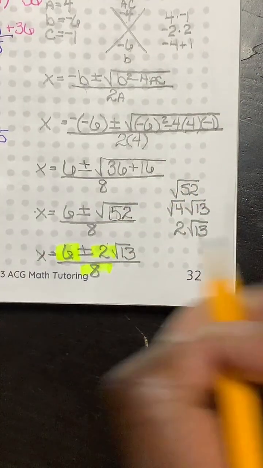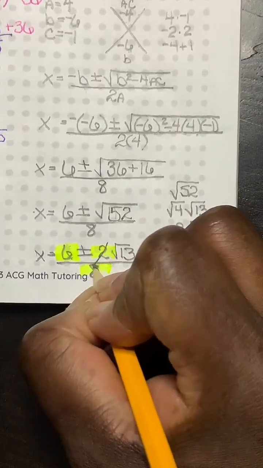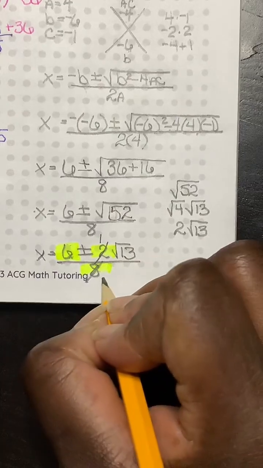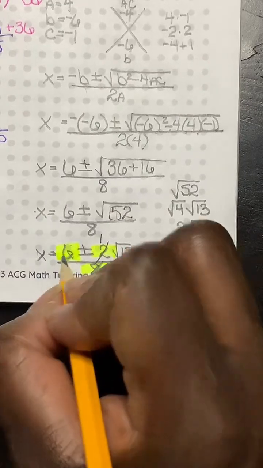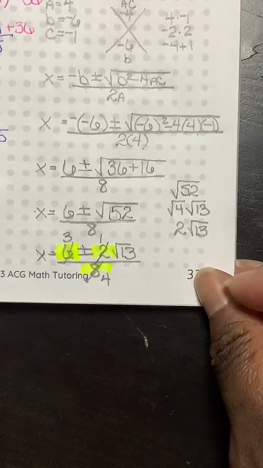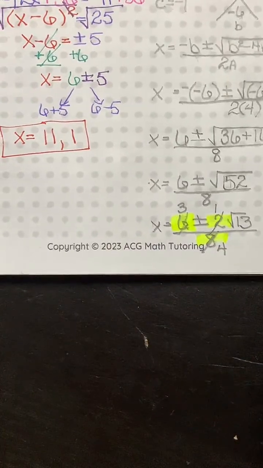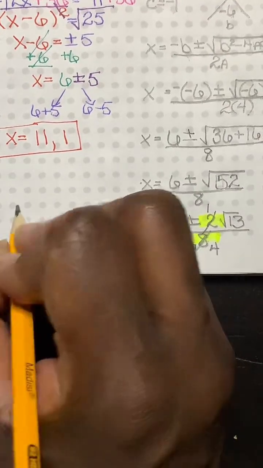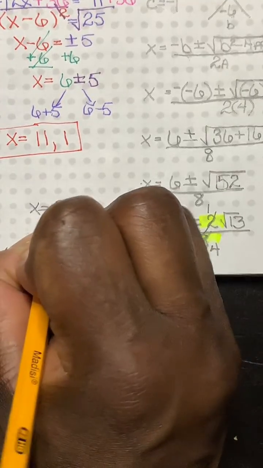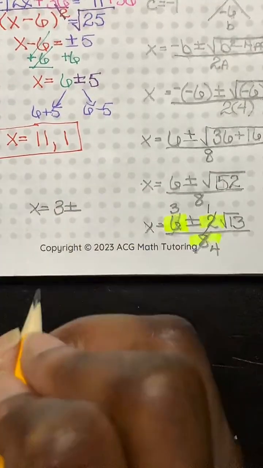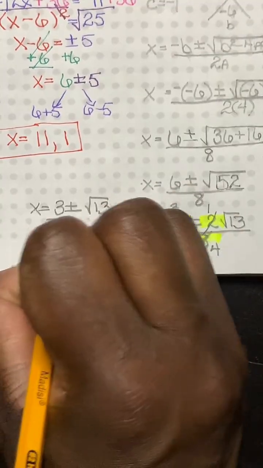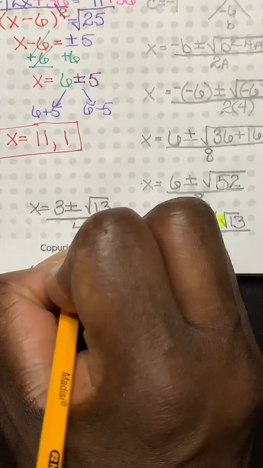And yes, TG, it is 2. So 2 divided by 2 gives me 1. 8 divided by 2 gives me 4. And 6 divided by 2 gives me 3. So I'm going to write my final answer in this little space over here, which is x is equal to 3 plus or minus the square root of 13 over 4.